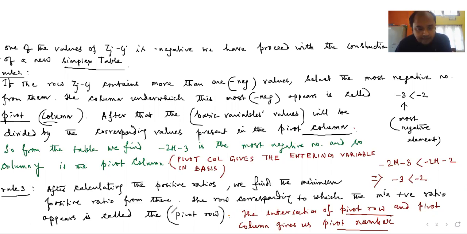Okay, and the pivot row gives the departing variable from the basis.